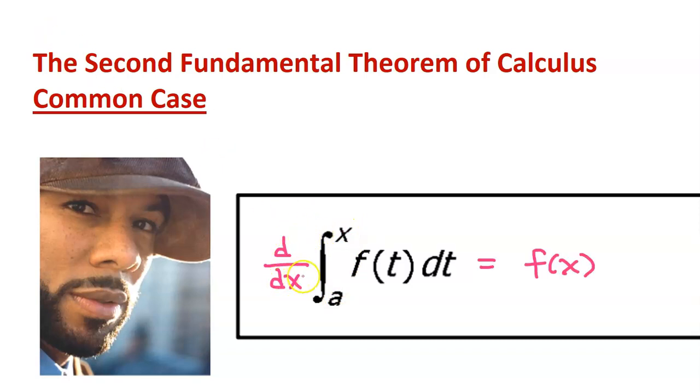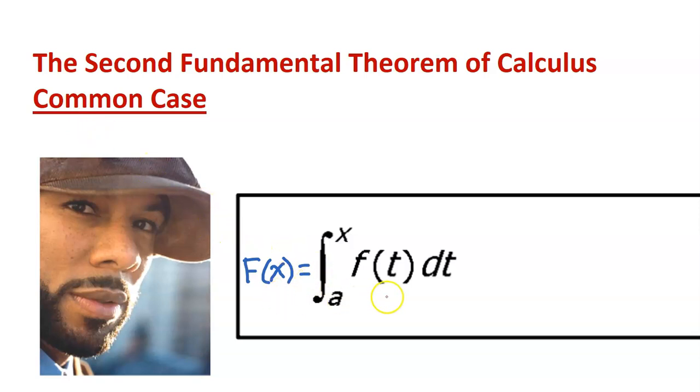The common case says if you take the derivative of this function, the derivative and the integral basically cancel each other out, and you end up with f of x.